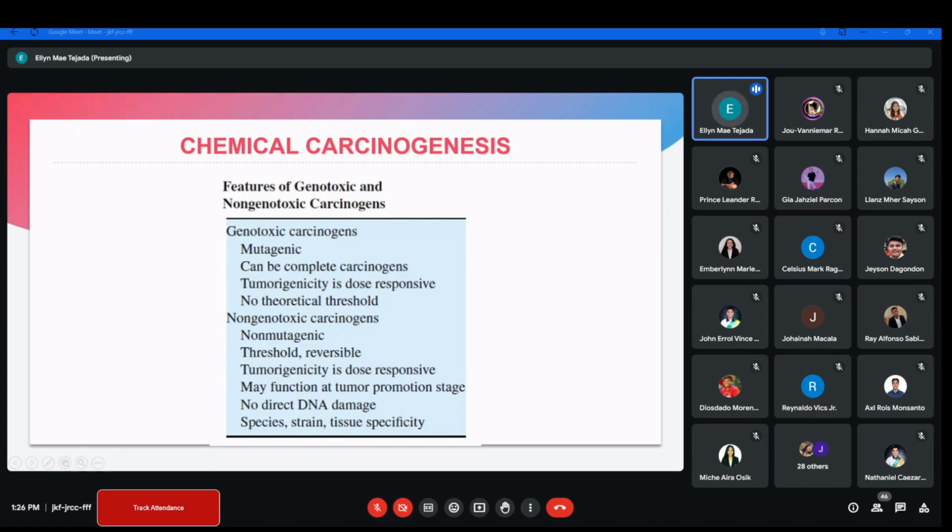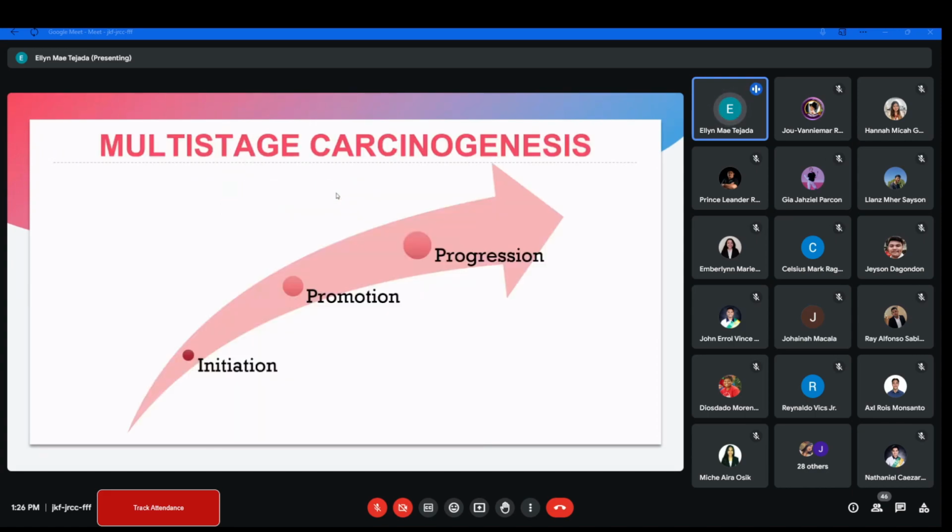But again, it is not directly damaging the DNA. However, genotoxic is leading directly to DNA damage. So that is the difference between your genotoxic and non-genotoxic carcinogens.